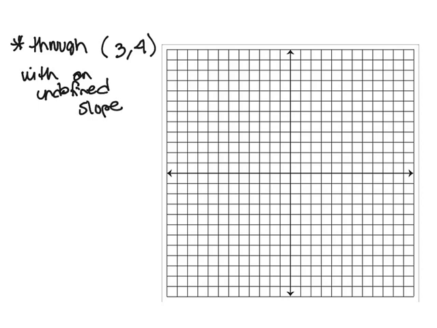Okay? If I ask you to graph the equation of the line that's going to go through the point 3, 4, but it has an undefined slope.